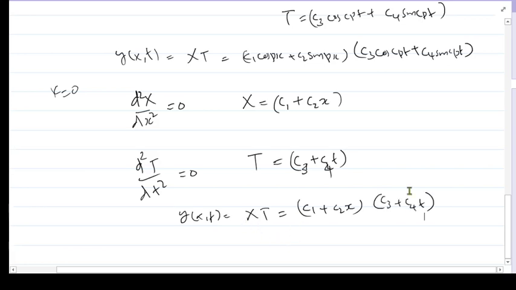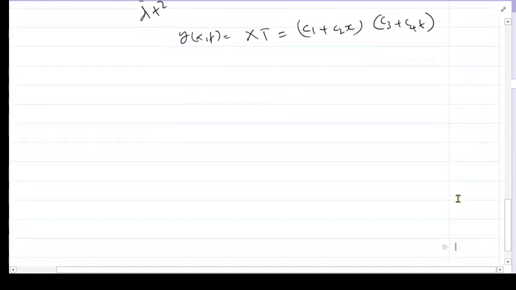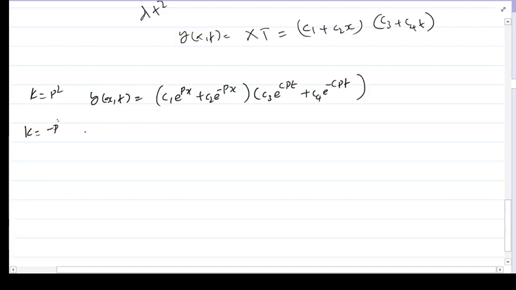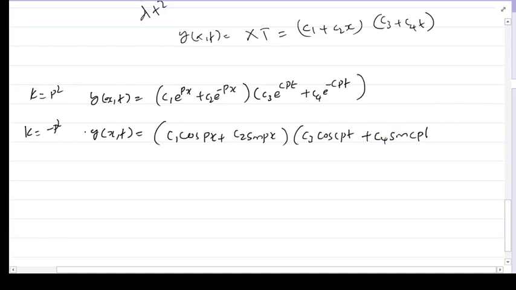So we have three solutions. We received three different solutions for different p. One is y(x,t) = (c1 e^(px) + c2 e^(-px))(c3 e^(cpt) + c4 e^(-cpt)). Second, for k = -p², we have y(x,t) = (c1 cos px + c2 sin px)(c3 cos cpt + c4 sin cpt).